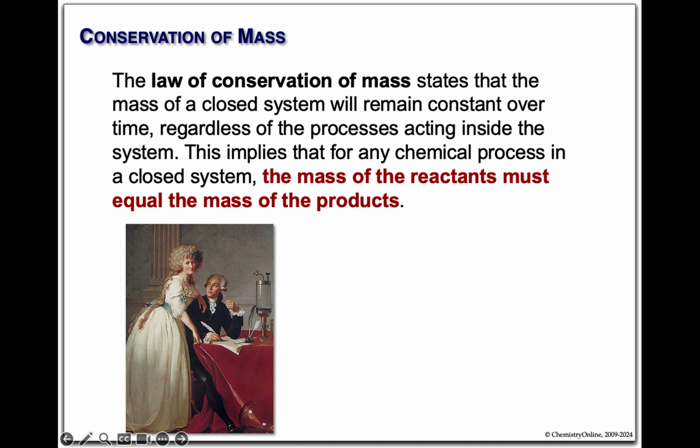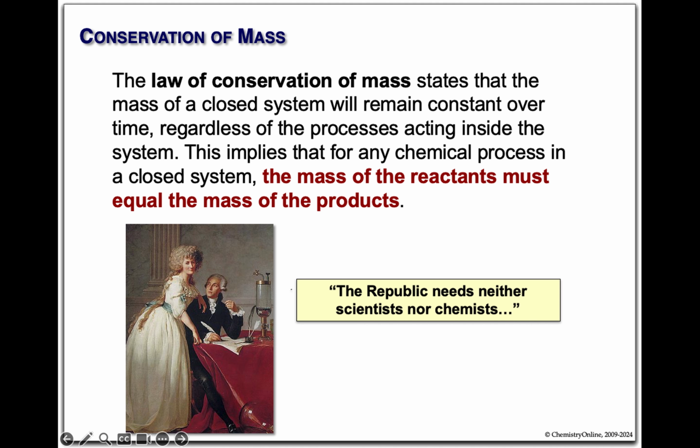Chemists all over the world said, hey, let him go. He's smart. The judge at his trial said, quote, the Republic, that's France, needs neither scientists nor chemists, and they cut his head off. Oh, for being noble. So, this is probably what's still wrong with France, but that's another thing.